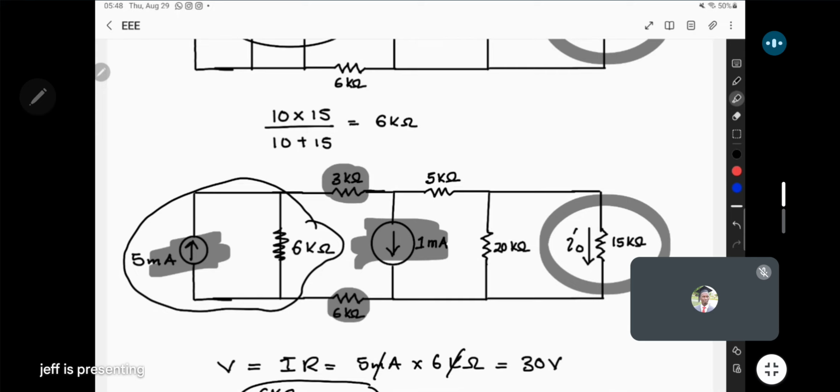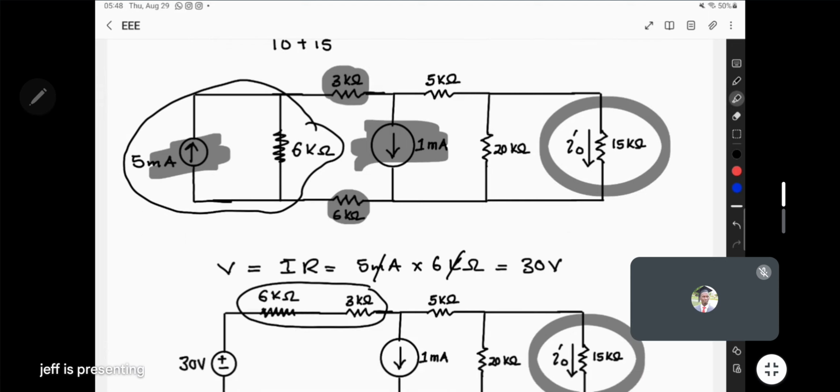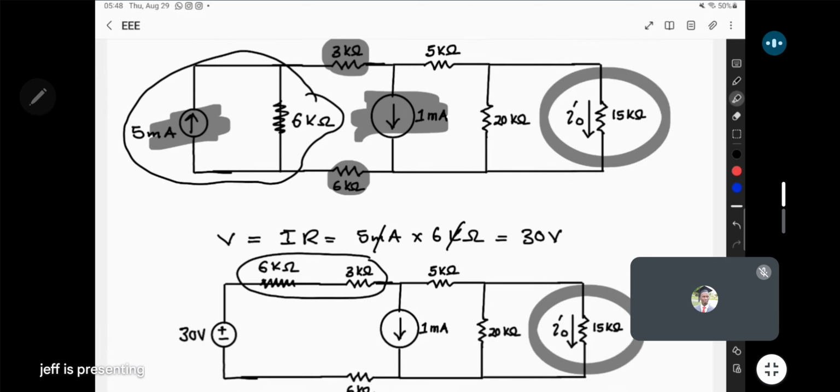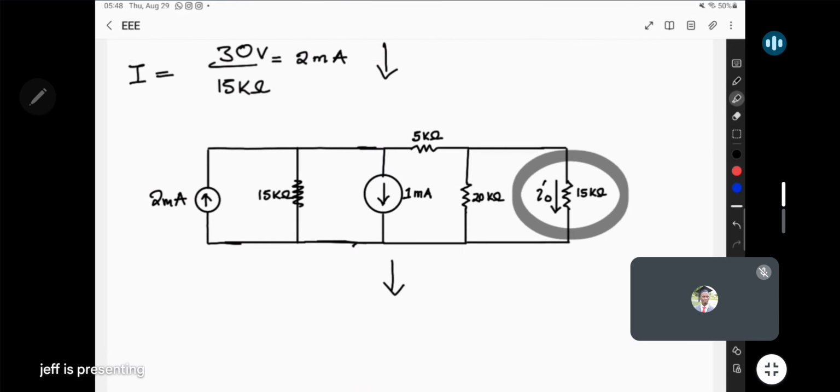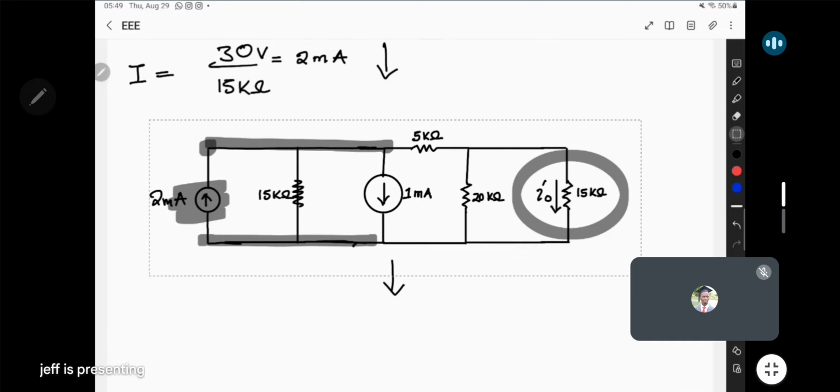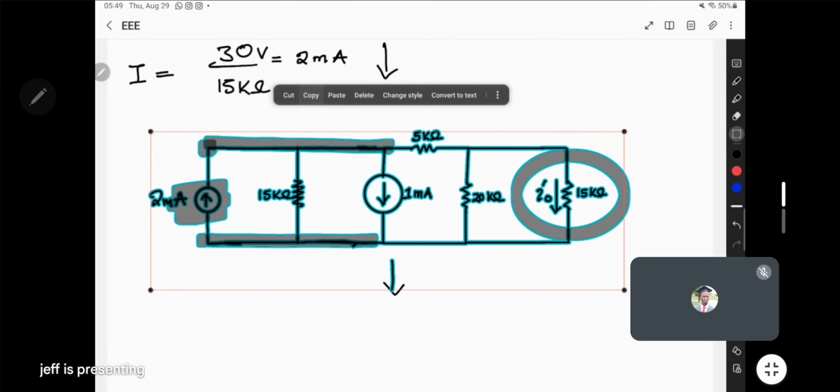They were not affecting or contributing to the same nodes. But after transforming a few times, now I've reached a point where the 2 amps is adding to that node, which is basically this node. The 1 amp is affecting this node. The two are now parallel, meaning I can just reorder them and it will still be the same.